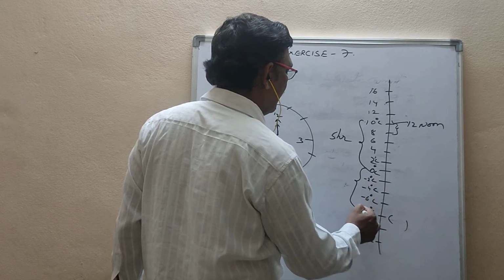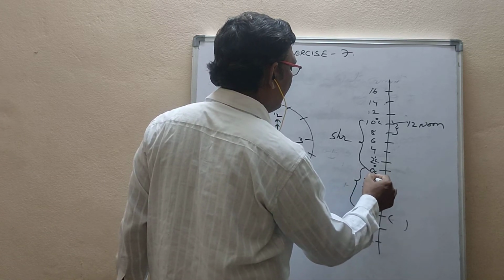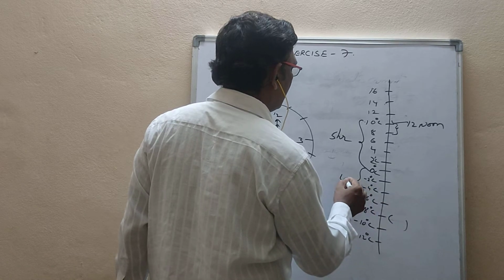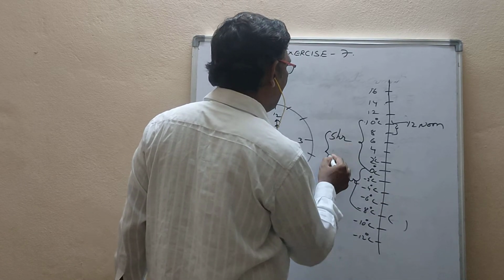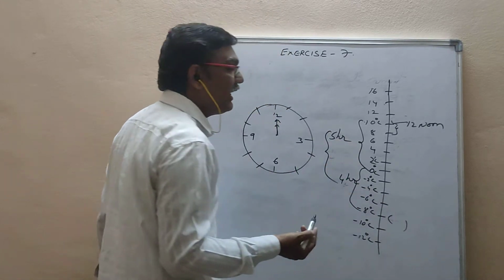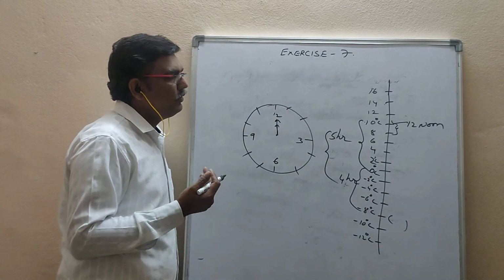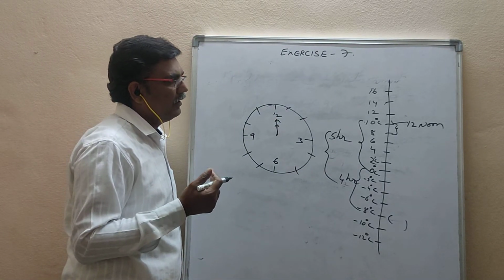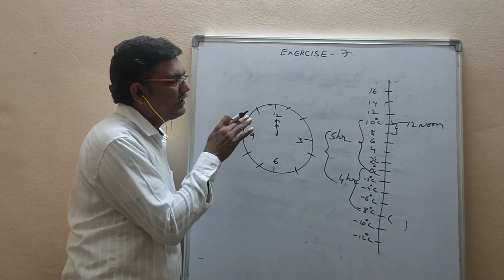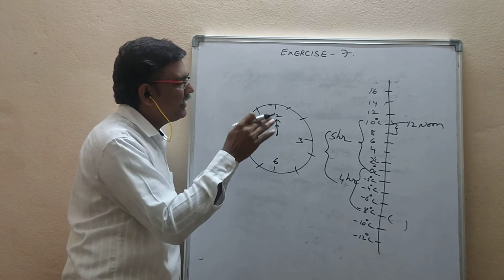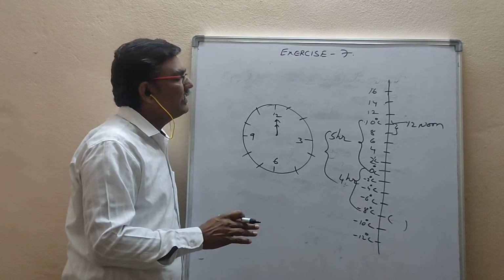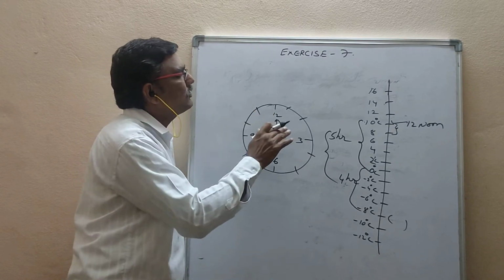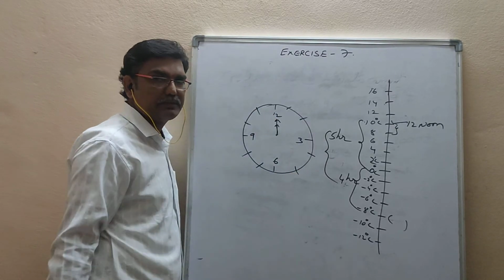Below 0, 8 degrees. Means here to here 1 hour, 2 hours, 3 hours, 4 hours. So total time is how much here? 9 hours. See, the temperature has to go from 10 degrees centigrade to minus 8 degrees centigrade, means it has to cross 9 hours.